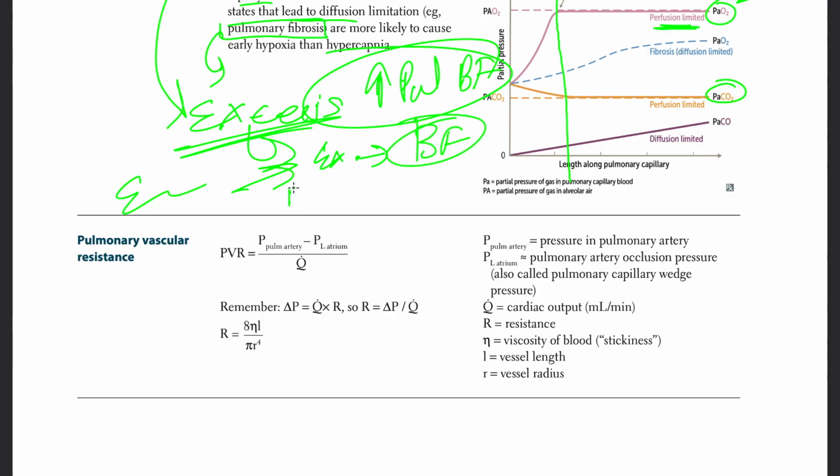But that blood is not going to get oxygenated by the time it reaches the end of the capillary, and it causes hypoxemia, which is a decrease in PaO2 after exercise.